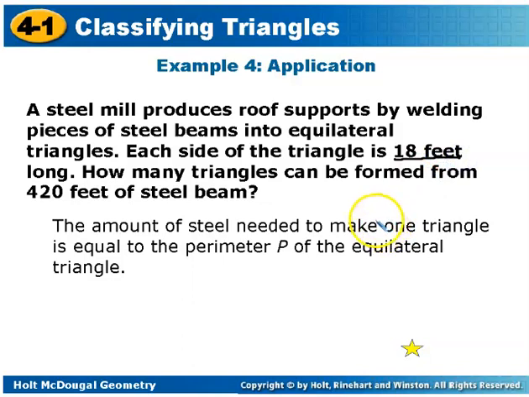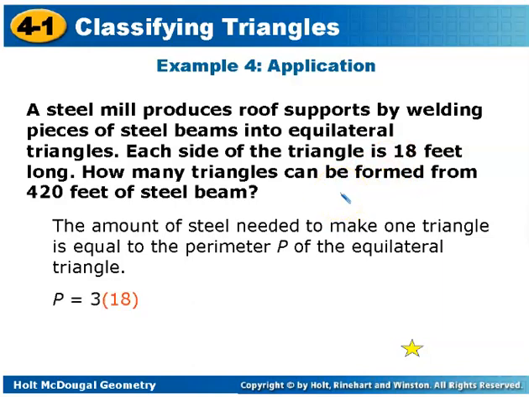That's great. Now, what can I do with that? Well, I know that I have a total length of steel beam that is 420 feet. So I'm going to have to come up with some things. I need to find out, if I made one triangle, how much steel am I going to need?